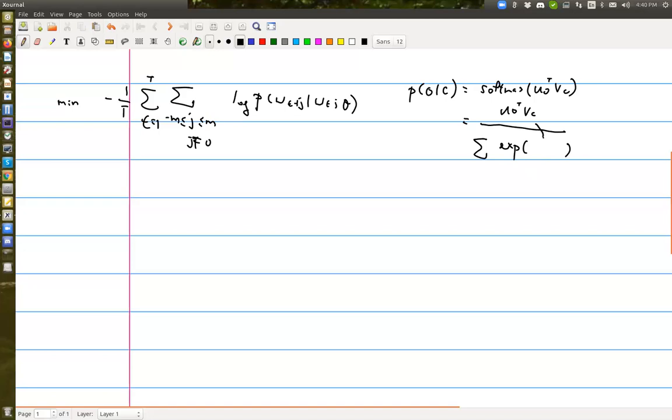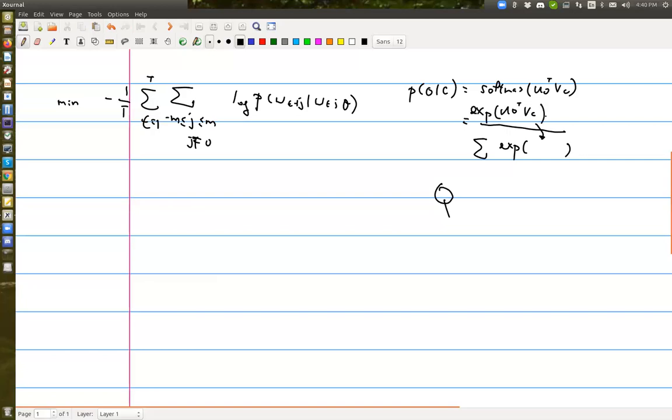Softmax is essentially trying to normalize this U_O transpose V_C. I'm sorry, I probably need to put an exponential here also because I want to make sure this is positive.